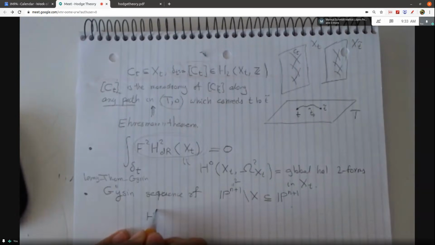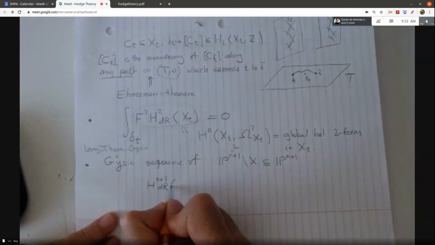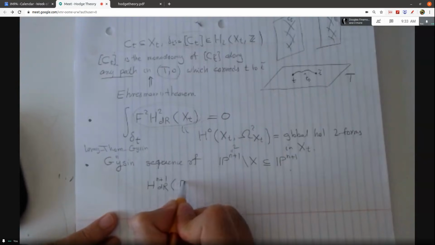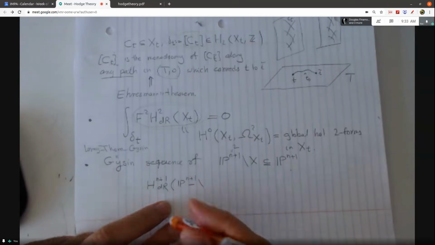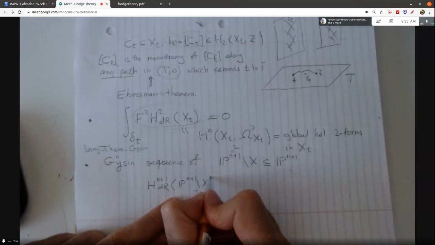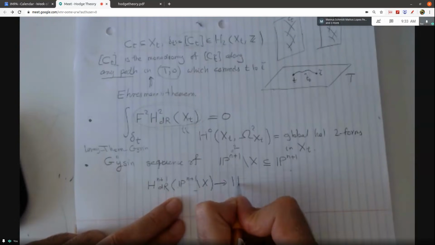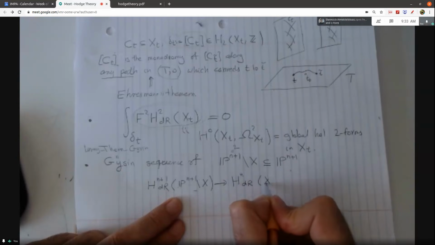So let me try to write it. So I will have H_{n+1}. I will write both in homology and cohomology. H^{n+1} of P^{n+1} minus x, let's write minus as slash, and then H^n of x.